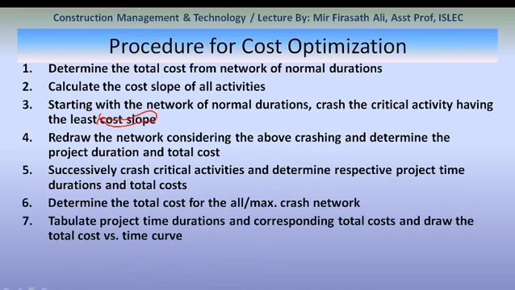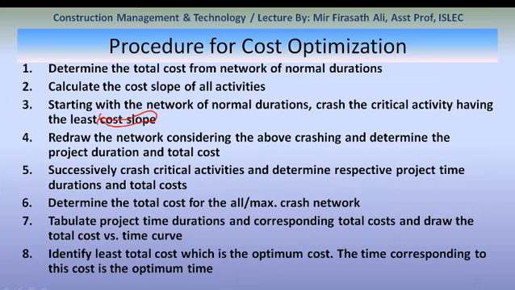On doing all this, we'll get different project completion times and different costs for those project completion times. So we need to tabulate project durations and corresponding total cost, and draw the total cost versus time curve. The last step is to identify the least cost, which is the optimum cost, and the time corresponding to that cost is the optimum time.